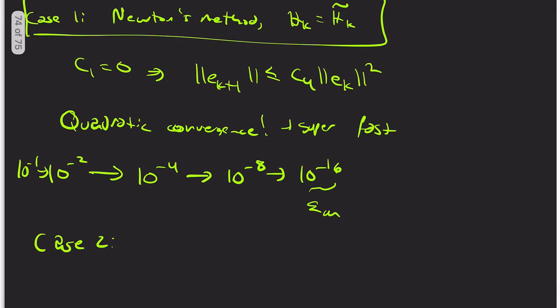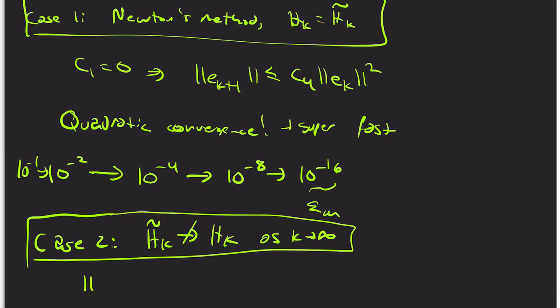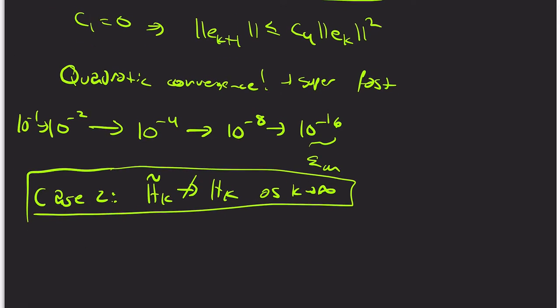So case 2 is when we have H_k tilde does not converge to H_k as k goes to infinity.